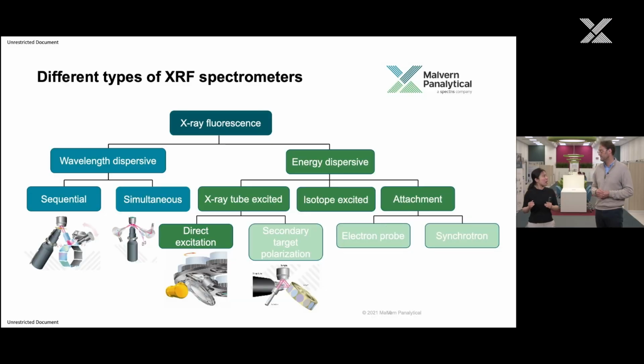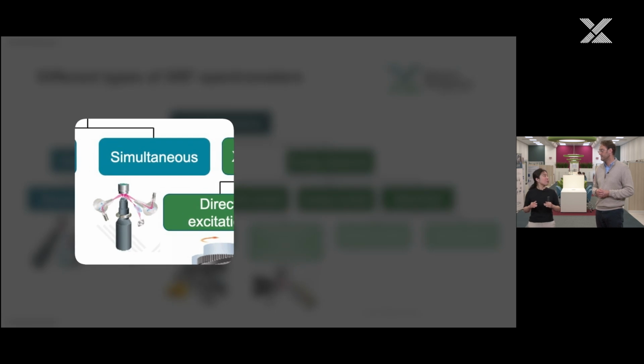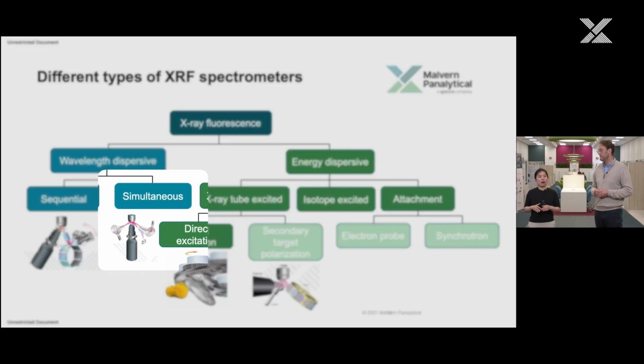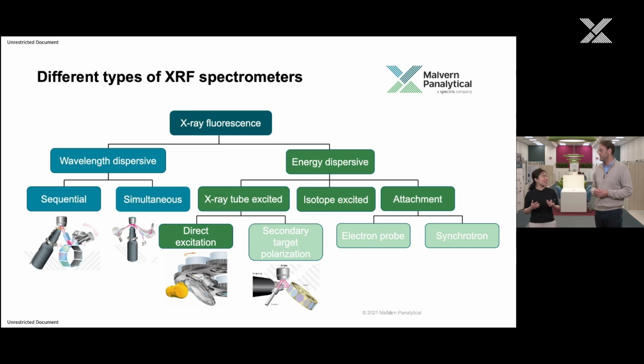It measures one element at a time by using a component called a goniometer. The simultaneous one is like our Axios FAST. It measures multiple elements at the same time with what we call fixed channels, so each channel measures one element with one specific crystal and detector.